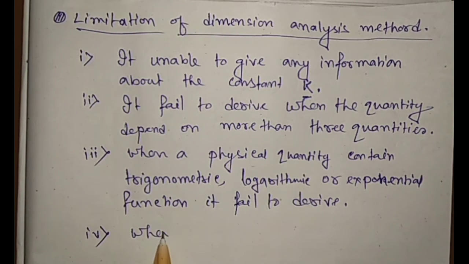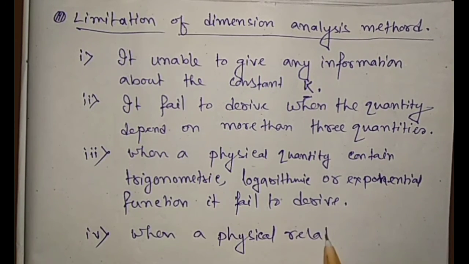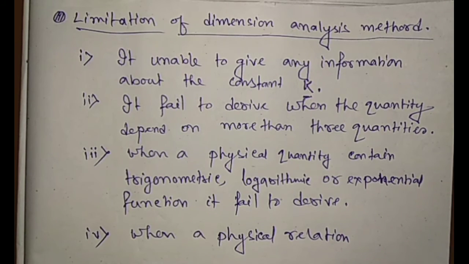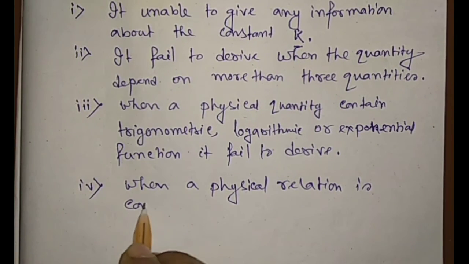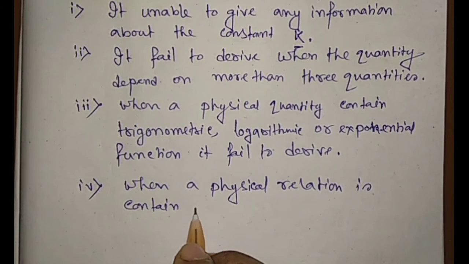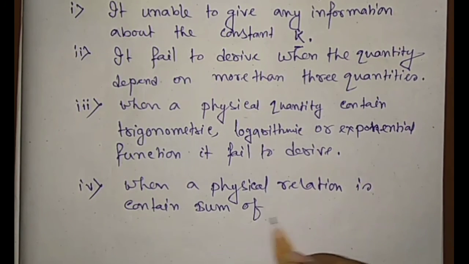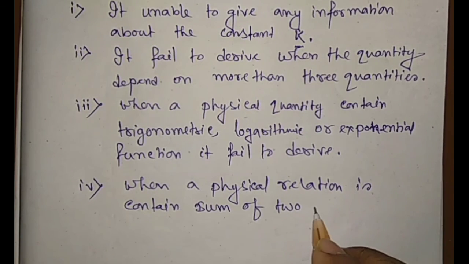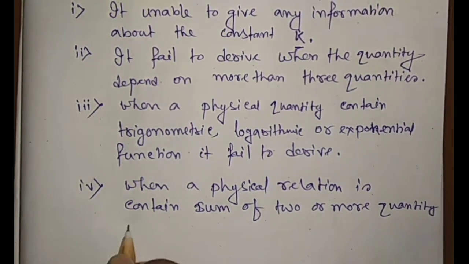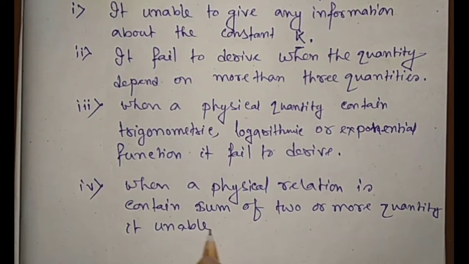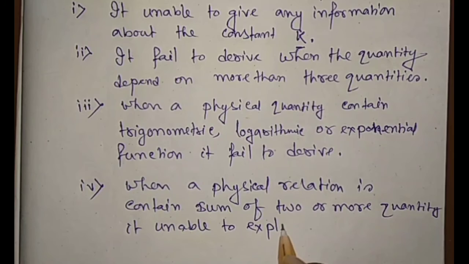Number 4, when a physical relation contains a sum of 2 or more quantities, it is unable to explain.